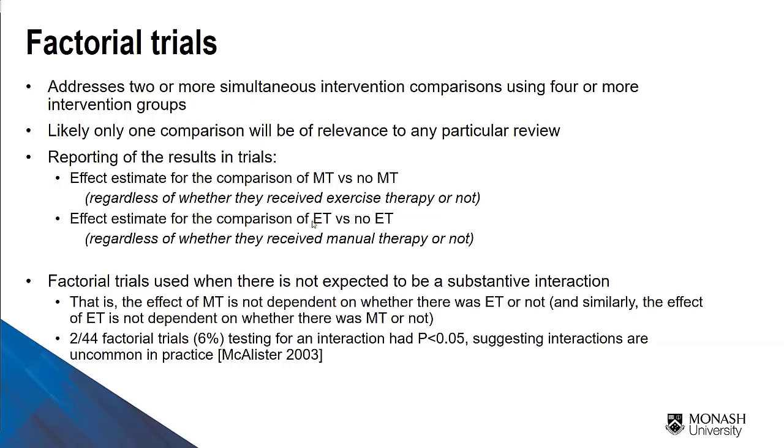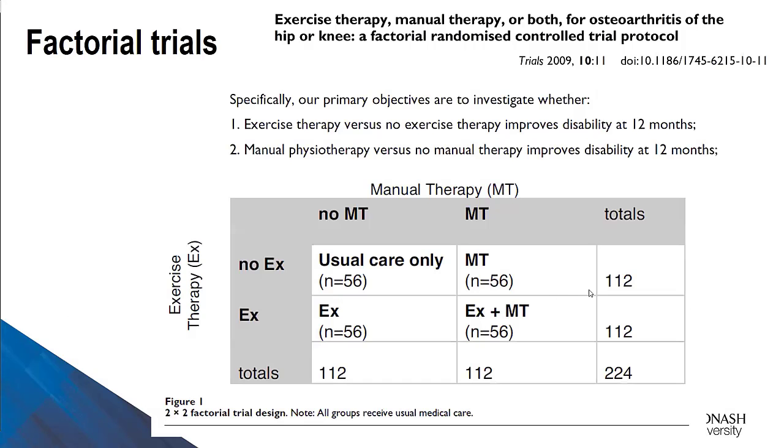Because of this, if I go back to the 2x2 table, it will generally be reasonable, if you're able to get this information, to compare one of the comparisons in your meta-analysis, irrespective of what the other intervention they were receiving was. So then you can take full advantage of, in this case, the 112 participants randomized to exercise and the 112 participants randomized to no exercise.